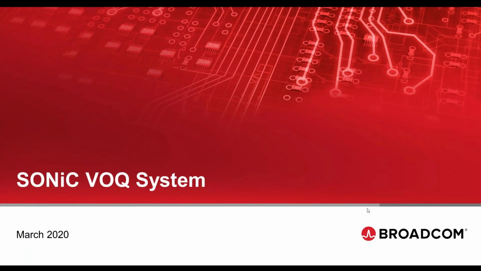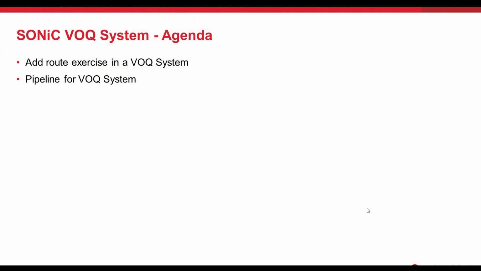So I have this set of slides, and we can go over them. But I also prepared the configuration part or an add route exercise in a VOQ system. So depending on what the audience wants to view, we can go over either one of them.